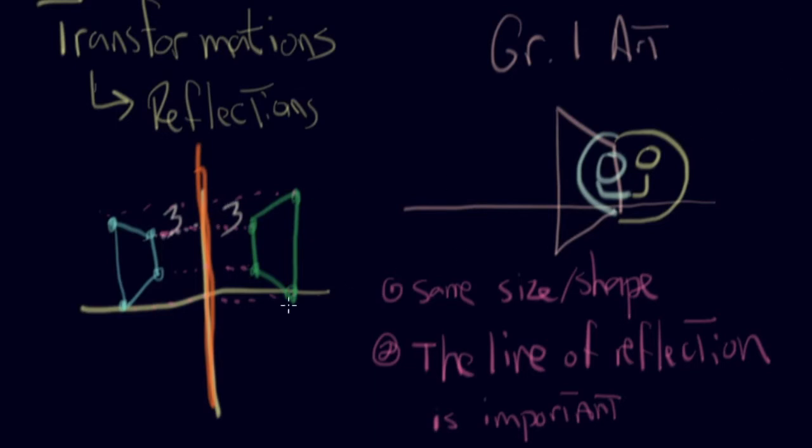It gets a little more complicated if your trapezoid was like this, and I asked you to reflect this across the y-axis. That can be a little more tricky, because you would end up getting an image that would probably look a little bit like this.